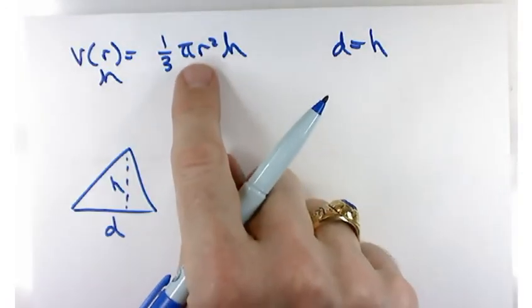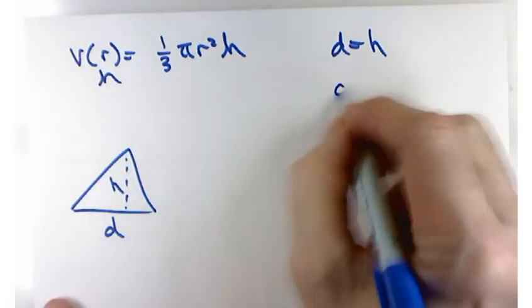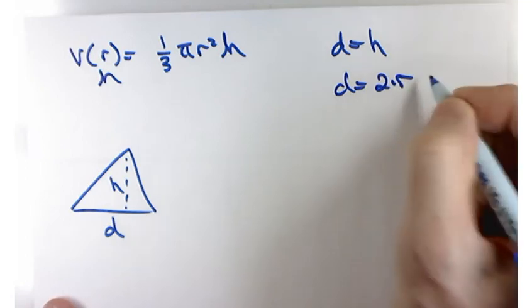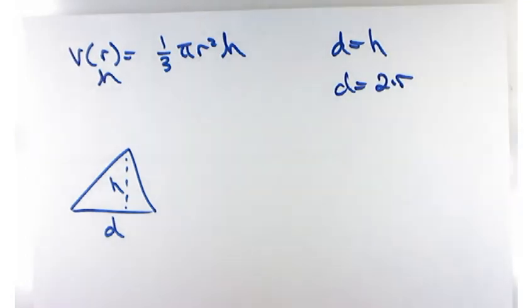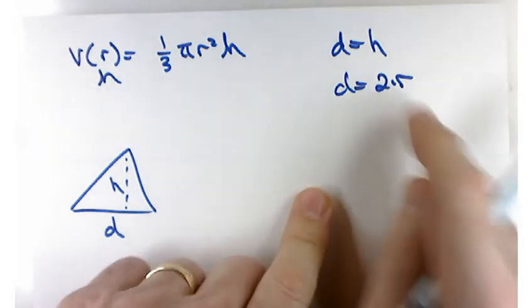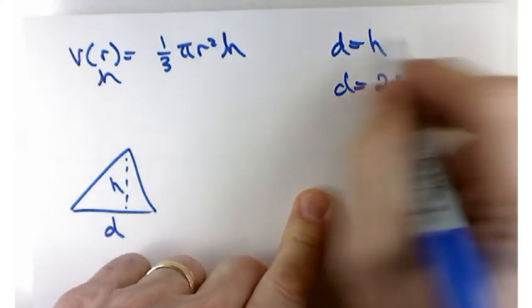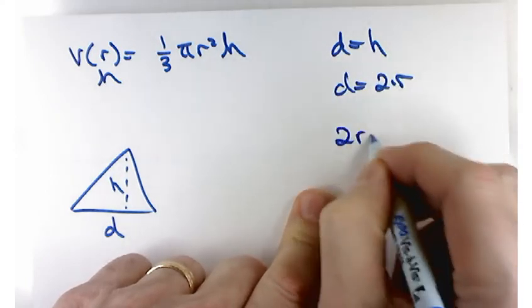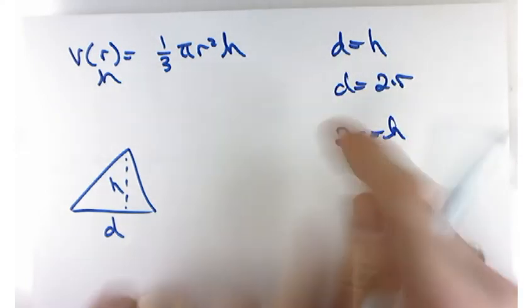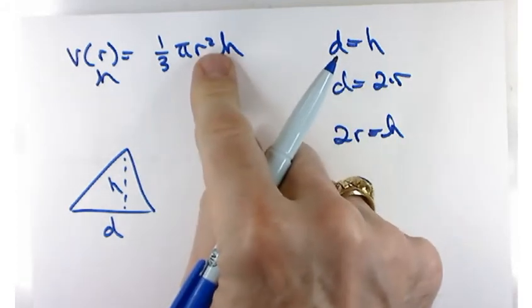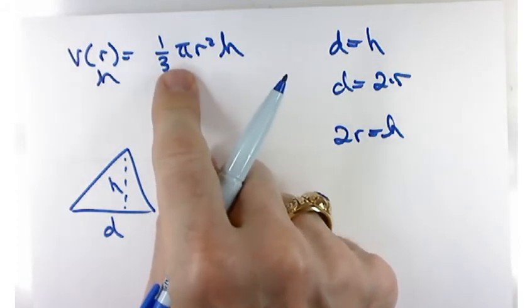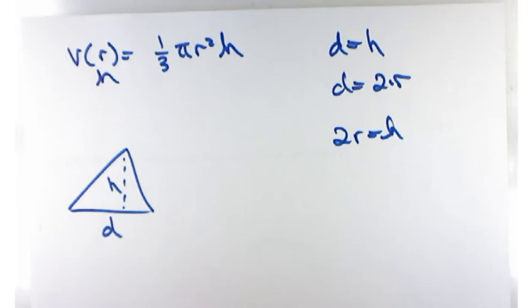The diameter is twice the radius. So D equals 2 times R. And if I put that in here for the diameter, 2R equals H, then I can simplify this and have an expression that just depends on the radius. And that'll be helpful for us.